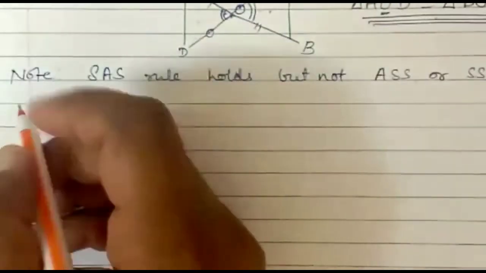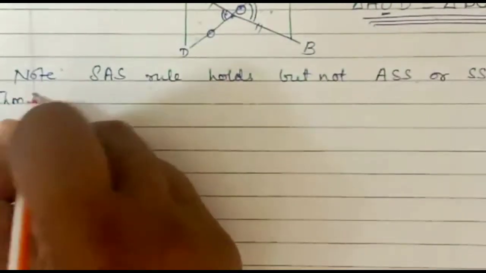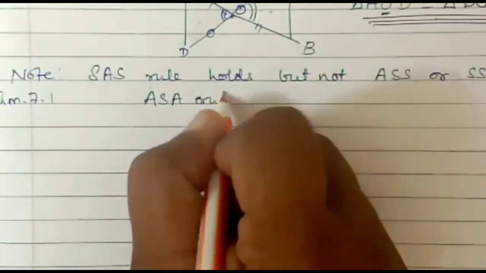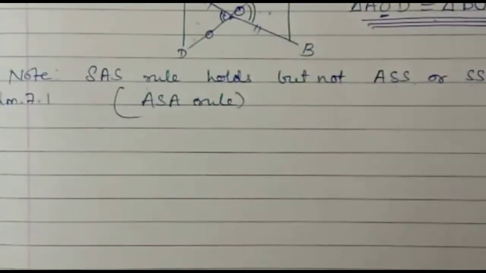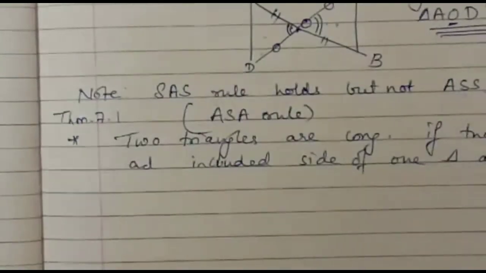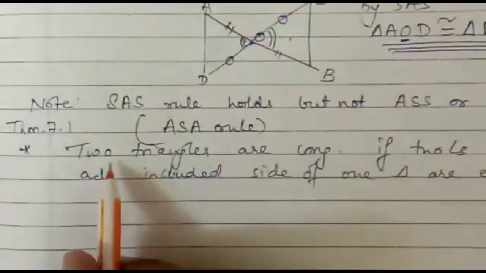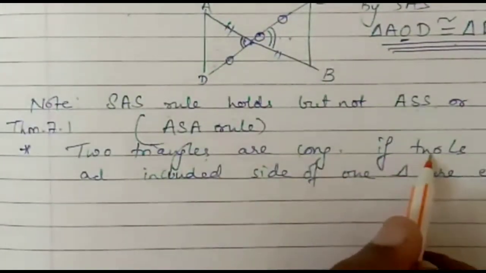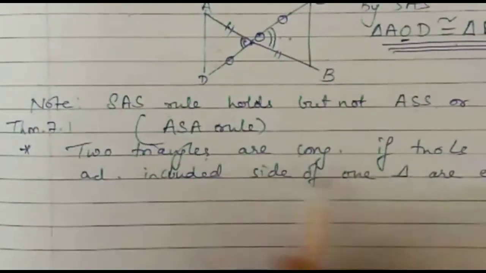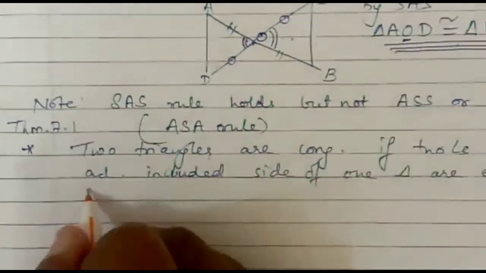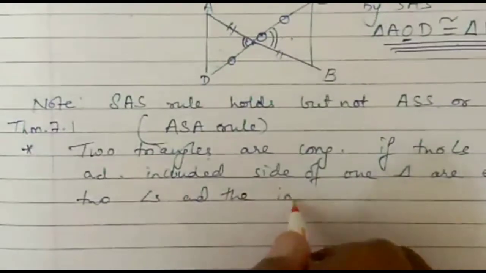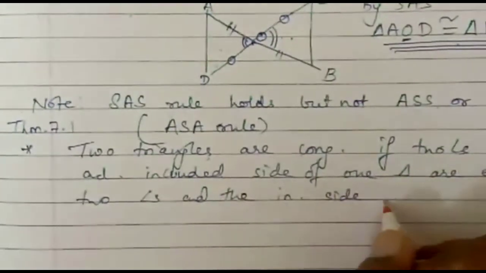Now we shall come to the next, theorem number 7.1, which is actually the ASA congruence rule. ASA means angle side angle. The statement of this theorem is that two triangles are congruent if two angles and the included side of one triangle are equal to two angles and the included side of another triangle.